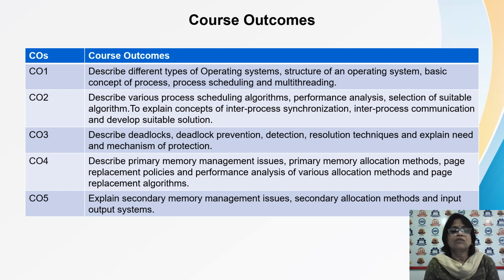Unit 5 will explain secondary memory management issues, secondary storage allocation methods, and the input output systems. So the course outcomes are what students will be able to achieve after studying the whole syllabus, all these 5 outcomes.